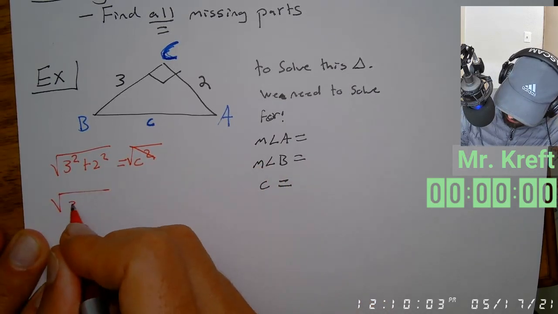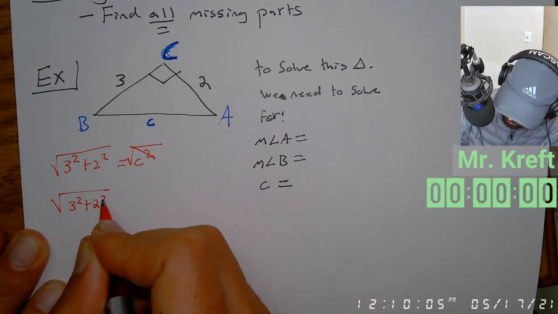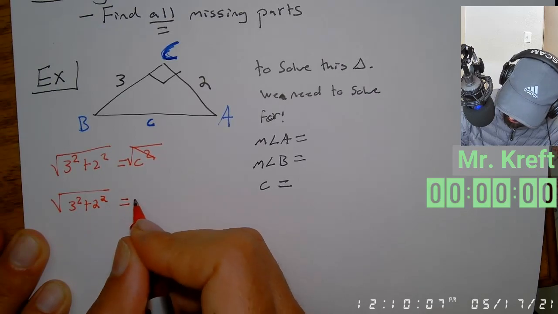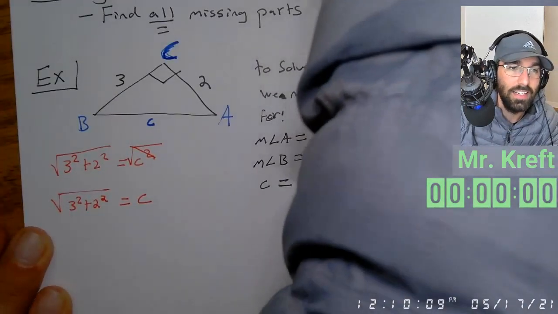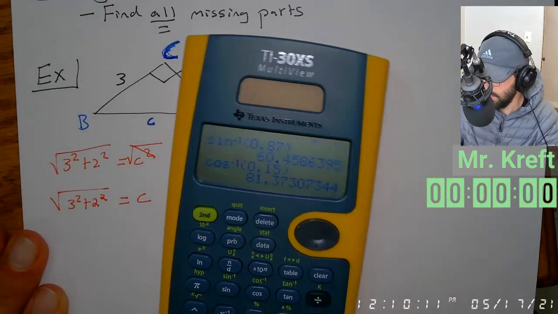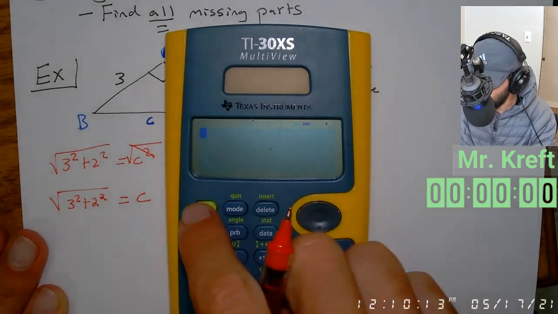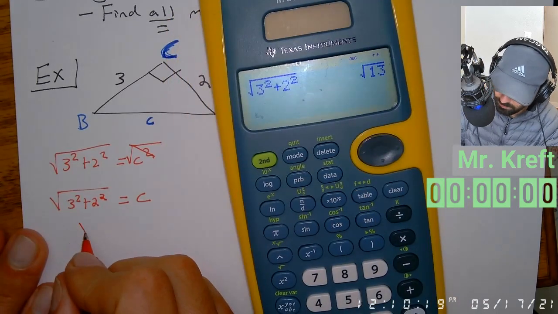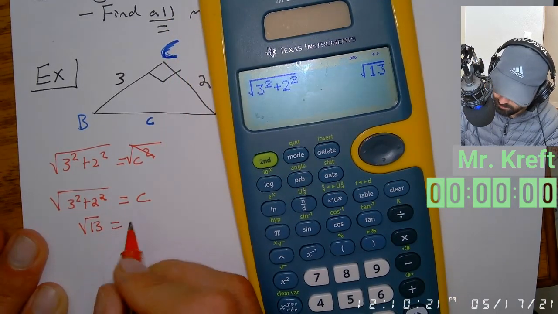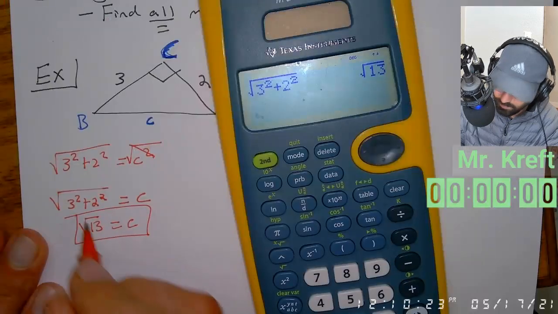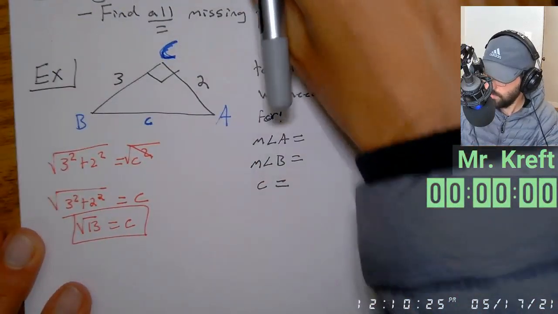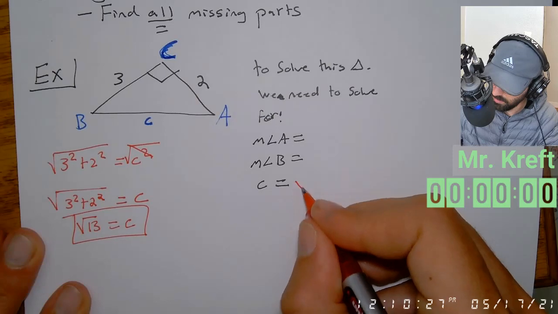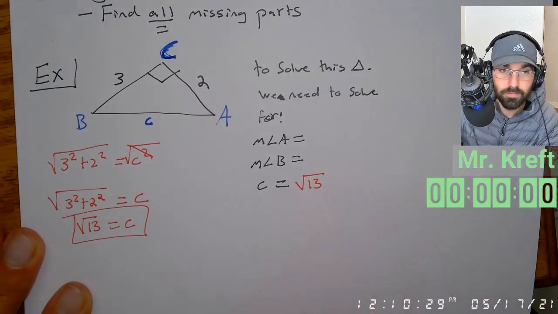Now I don't do plus or minus here because the minus doesn't make sense when I'm talking about a distance. But I can type this into a calculator, and the square root of 3 squared plus 2 squared equals the square root of 13.